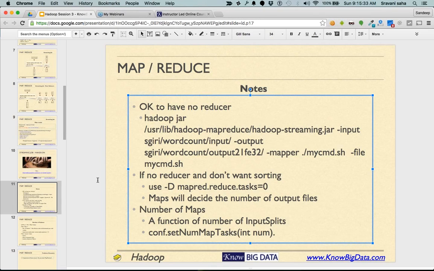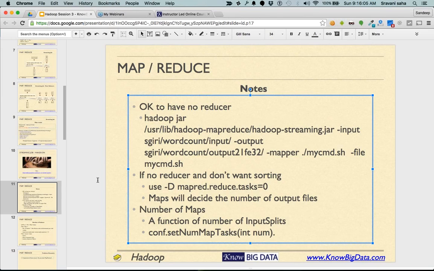In those cases, when you don't have a reducer, it is the mapper who will decide how many files are created in the output. Right now there are two files because there are two reducers. If we say that we don't want any reduce task, then whatever is the output of the mapper will go directly to HDFS without passing through any reducer phase.